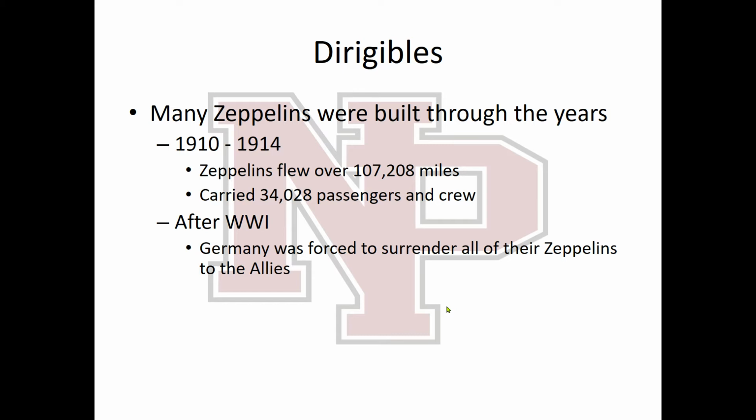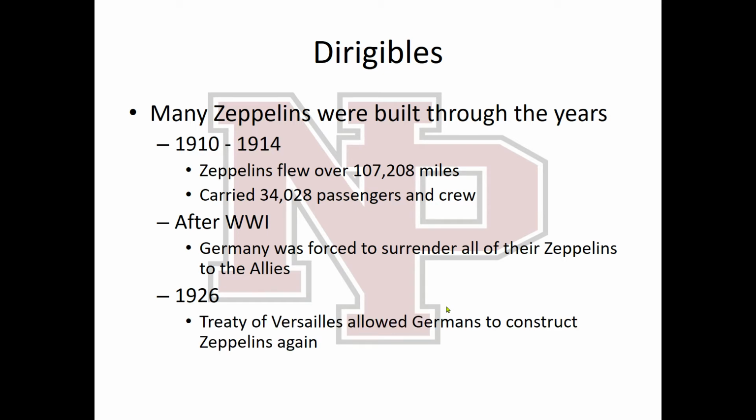They were forced to surrender all Zeppelins to the Allies and were not able to make any new Zeppelins either. So Zeppelin production after World War One hit an all-time low of zero, basically. And then in 1926, all of a sudden, the Germans now can construct Zeppelins again.